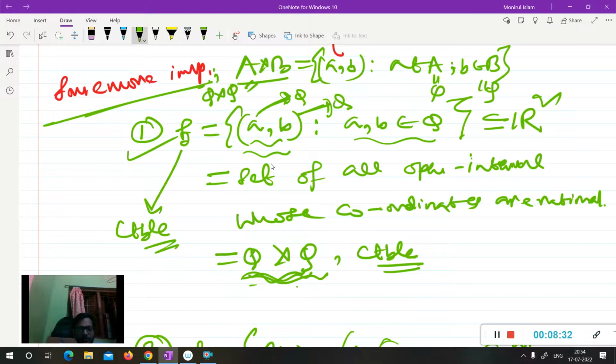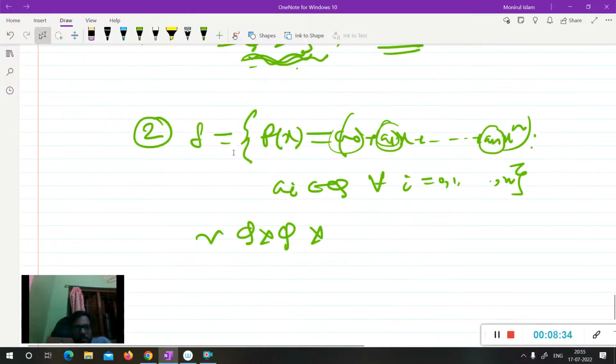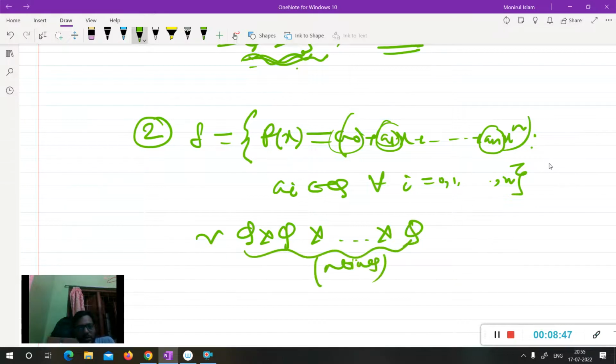Now consider the set of all polynomials a0 to an, where each coefficient is rational. This set is equivalent to the set Q cross Q, n times. You can get a bijective mapping from this set.